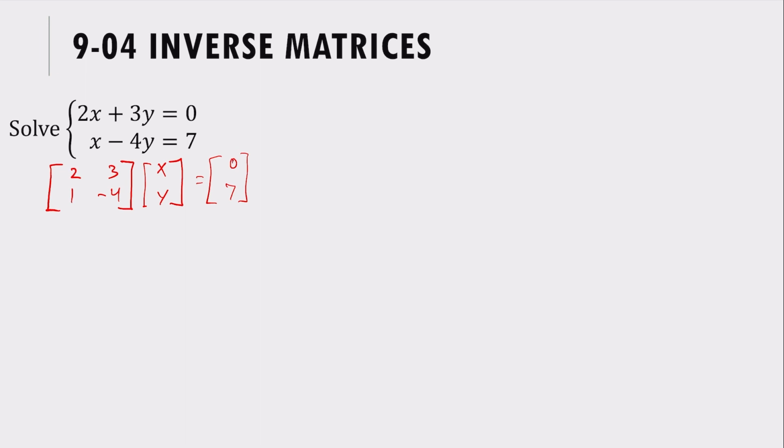Now this is a 2 by 2, so we could just use the shortcut, or we could, let's just go ahead and do it the long way, just to practice that, putting it into reduced row. So I have the coefficient matrix augmented with the identity matrix.